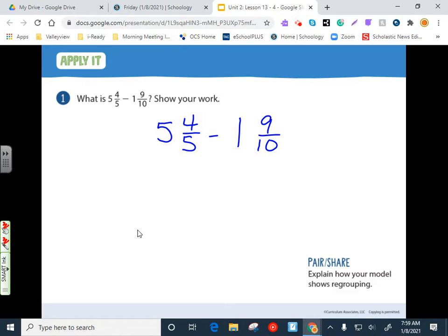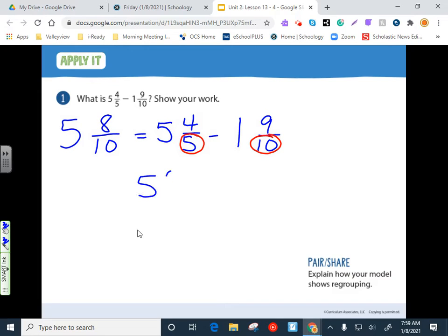And look at our denominators. Can I take that smaller number and change it into the bigger one? I sure can, which means I'm going to keep 1 and 9 tenths, and I'm only going to change the mixed number on the left to 5 and something over 10. And I know 5 times 2 is 10, and 4 times 2 is 8.